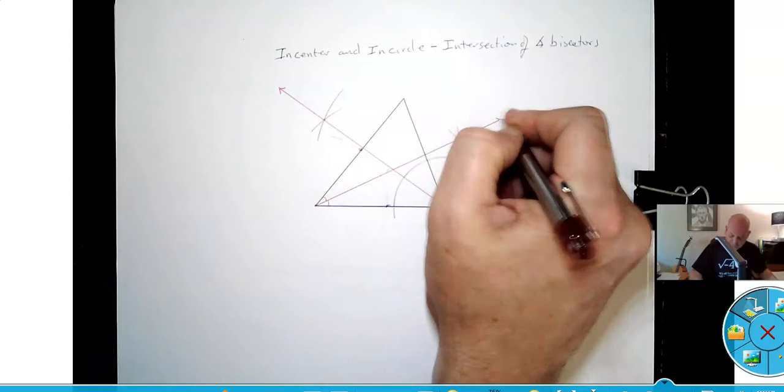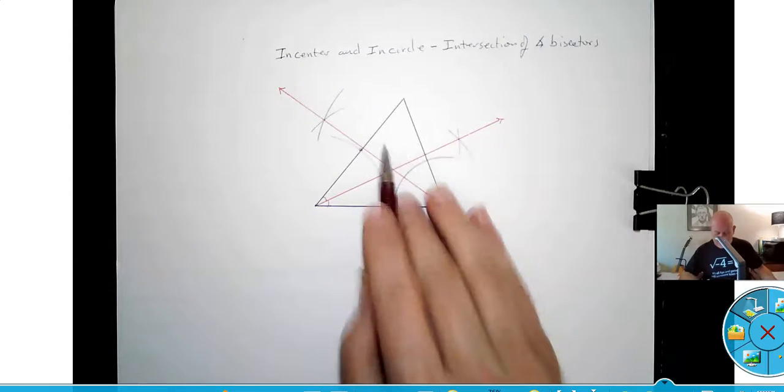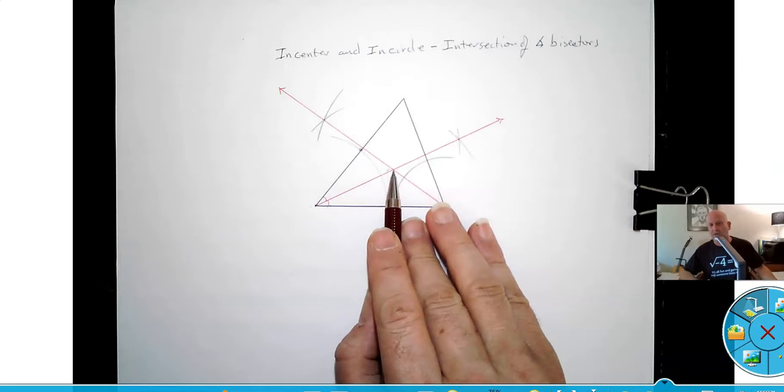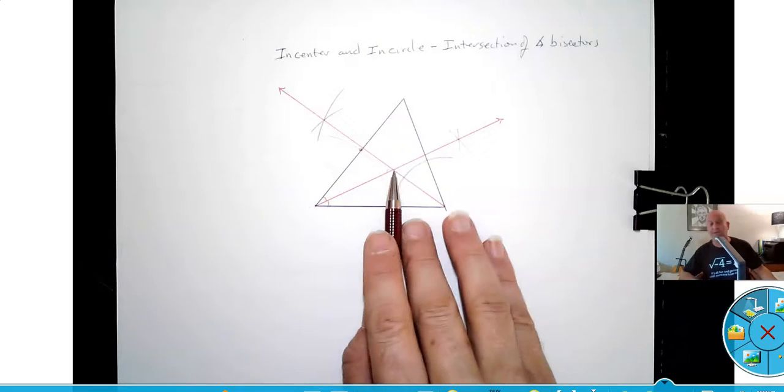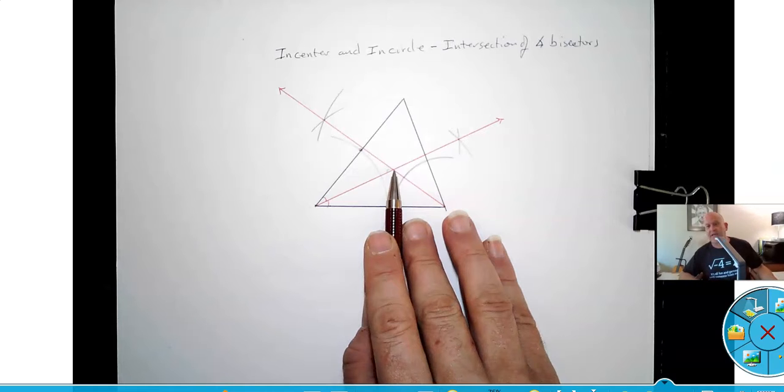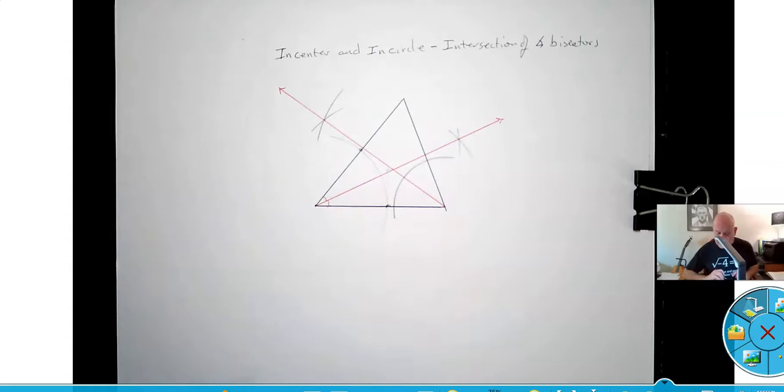So we have those two. Since those two cross here, as long as we've been doing things correctly so far, the last angle bisector should go through the same point. What we say is that the angle bisectors are concurrent at a point, and that point is the incenter.